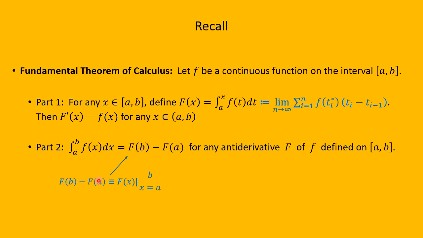To write this in a more shorthand notation, we can say that's F of x evaluated at x equals a and b. And this would tell us to evaluate this function at b, subtract the value of this function at a. Sometimes we just leave off the x equals here because we do have the variable x here to remind us what the variable is, and we'll just have a and b here instead of x equals a and b.